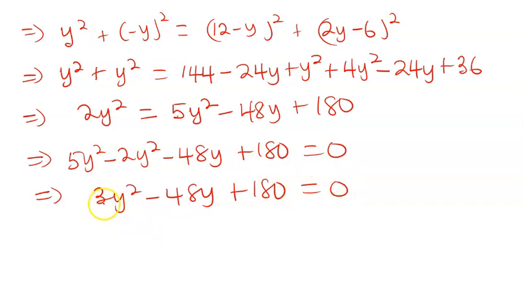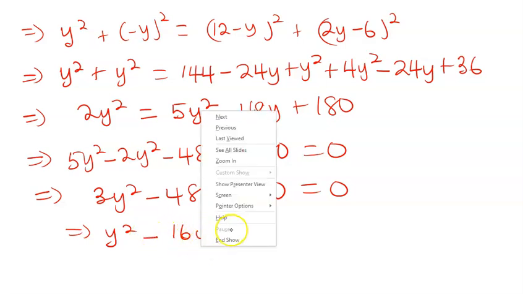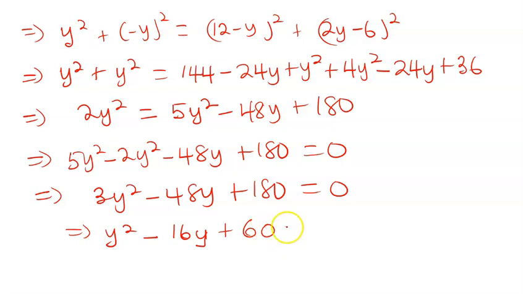You can realize that 3 can go into 48 and at the same time 180. So when you divide through by 3, we have y squared minus 16y plus 60 is equal to 0. Let's go back to the question.